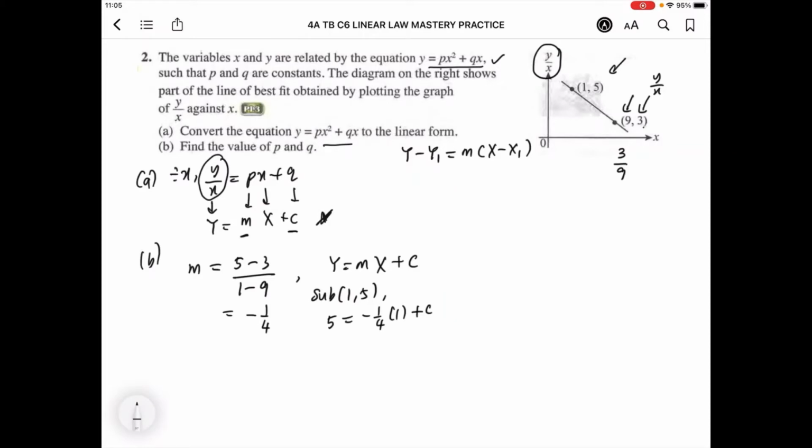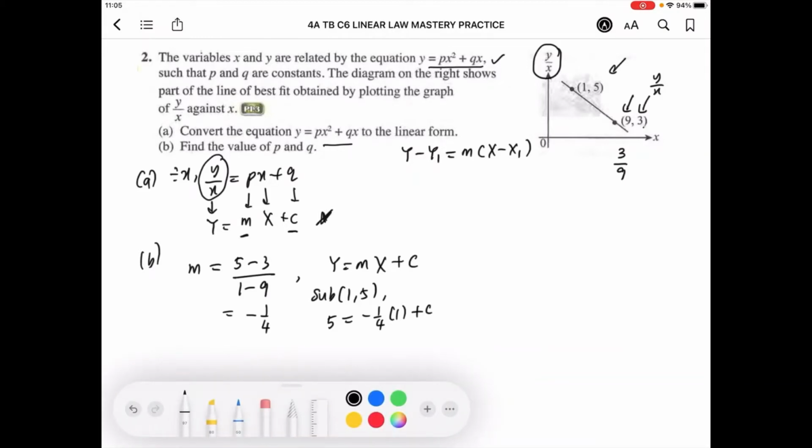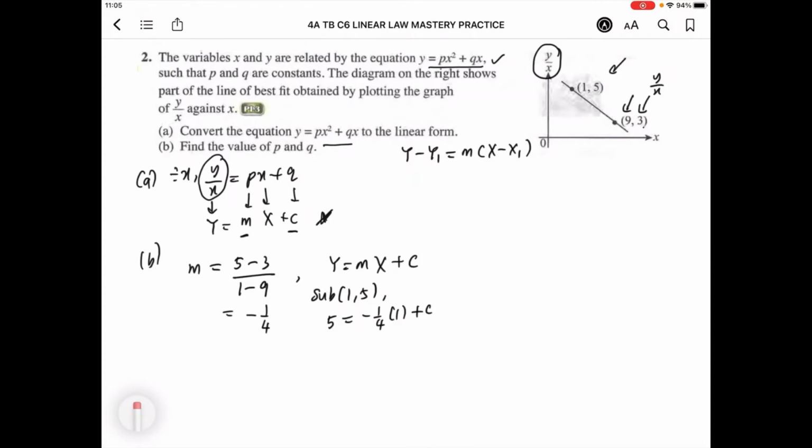So it's wrong to think you should take 3 divided by 9 to get your Y over X. It's not, because your Y over X by itself is already 3. That's why I would advise students to use big Y, big X when you substitute inside, so that you don't get confused. This big Y is based on Y over X and not Y alone.